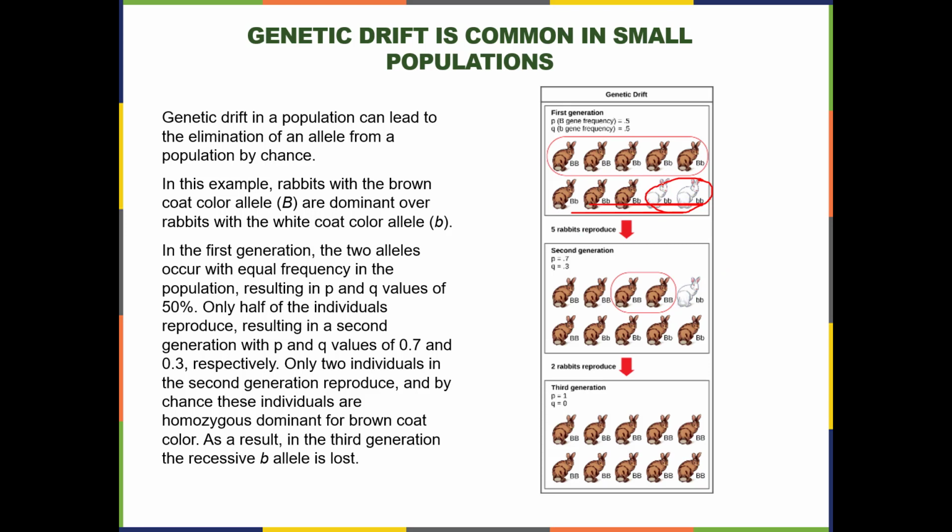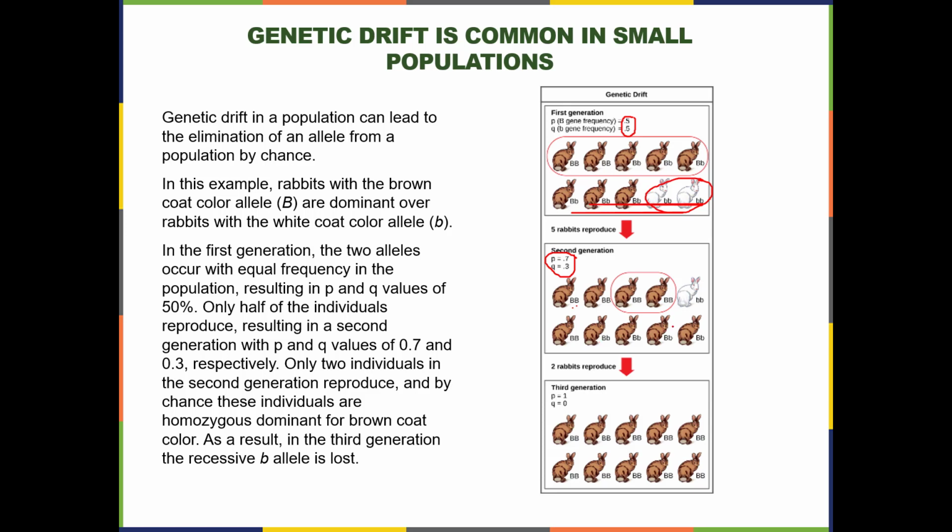Then you're not getting proportionally that many of the recessive alleles passed on. So in the allele frequencies here, let's say you start at 50-50. Already in this population, it's shifted to 70%, 30% for the 2 alleles.